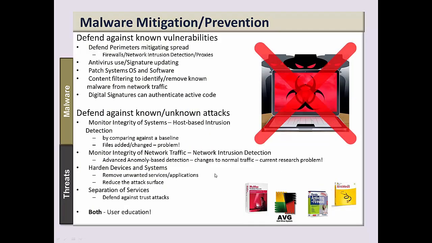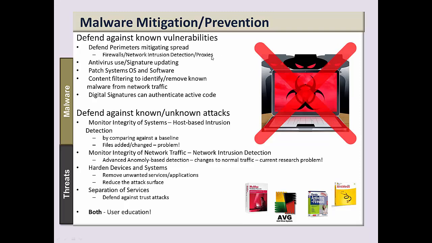So these are some of our mitigations, some of our prevention mechanisms, and I'd say that probably the most important one for all these things is user education. It's kind of split in two. You've got the traditional things, so antivirus, which is basically looking for signatures, and most antivirus now uses some sort of heuristics where they're looking for patterns, so not just strict signatures, but things that match, approximate matching.